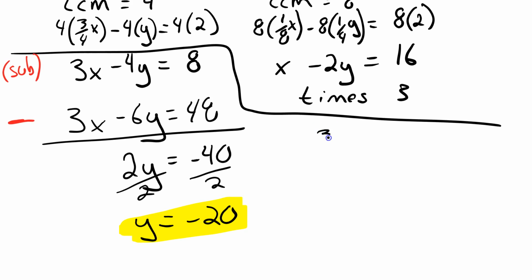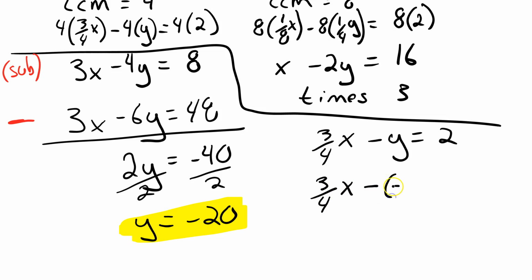So I've got 3/4 x minus y equals 2. I'm going to change the y's to negative 20. But watch here, I still have that negative sign. So I get 3/4 x minus negative 20 equals 2.